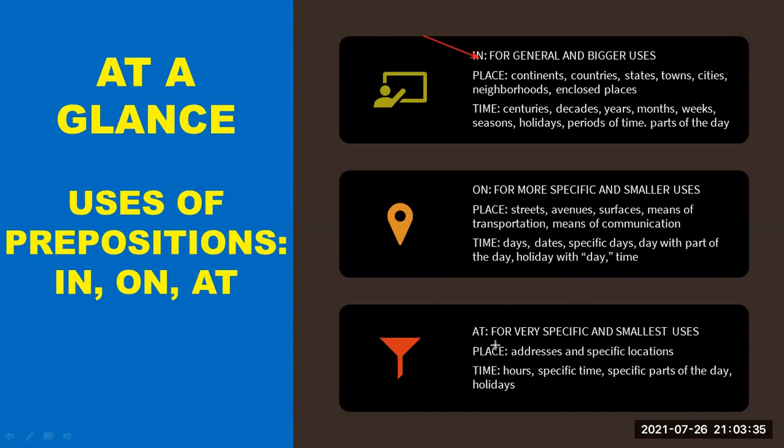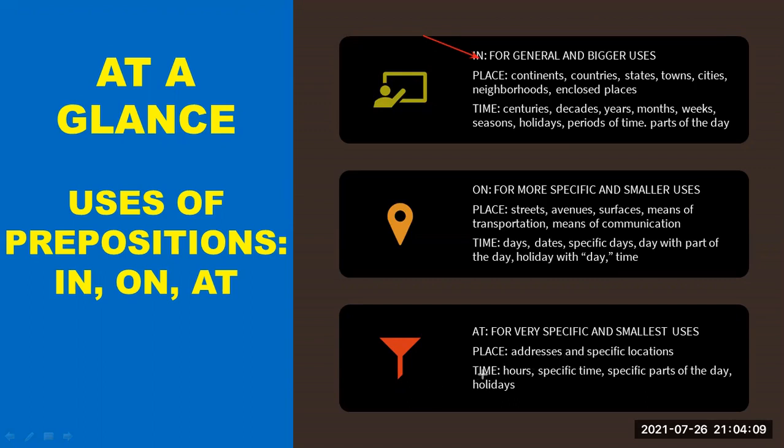Now, we use at for very specific and smallest uses. When you want to talk about a specific location, that someone is in a space, at a particular location at a given time, like you are at school, you are at university, you are at home. You use at for a more specific reference. In terms of place, you use at for addresses and for specific locations.